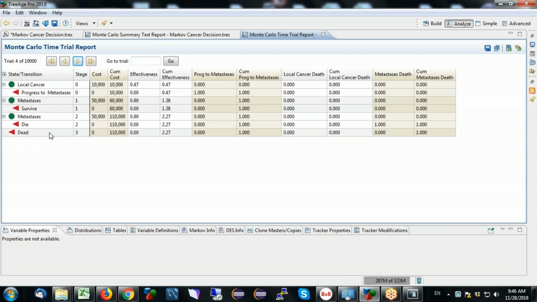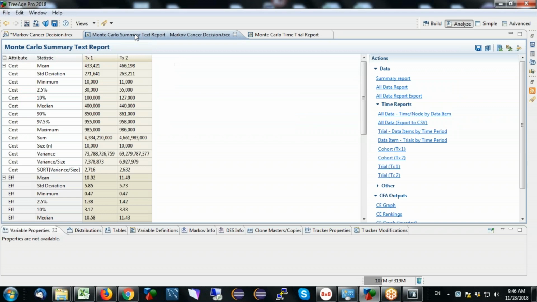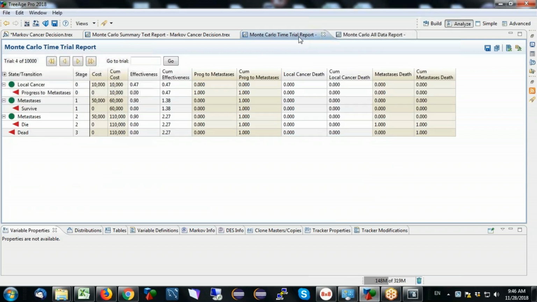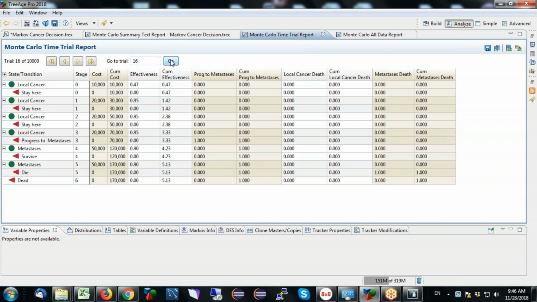You could even come back here to the main results, look at the summary level data, and say, okay, here's what feels like an outlier, and I could look at patient 16 and say, how did they get so much cost? Or I forget, I probably picked the wrong one, but I could look at an individual that appears to be an outlier and make sure that person took a realistic patient pathway.